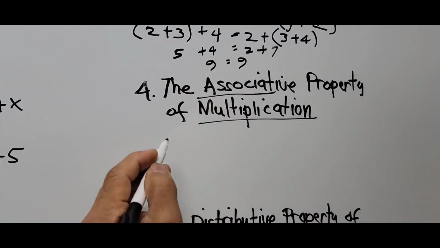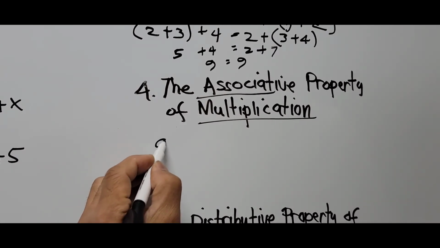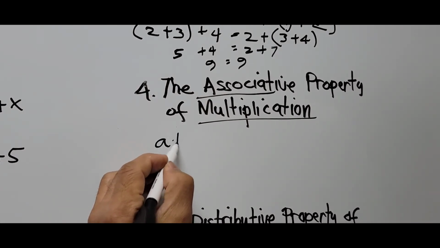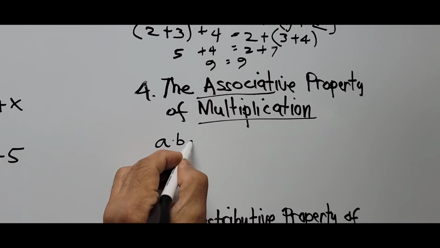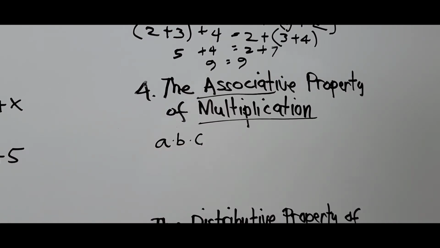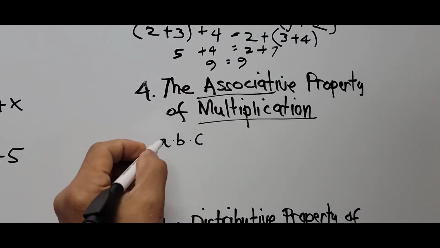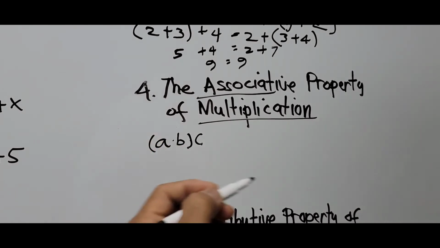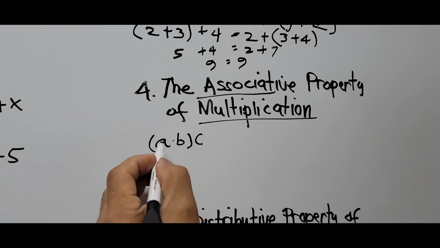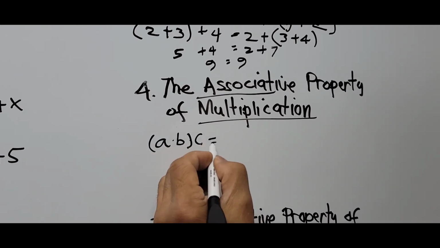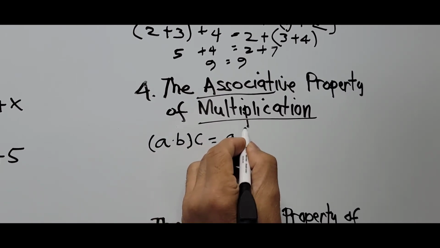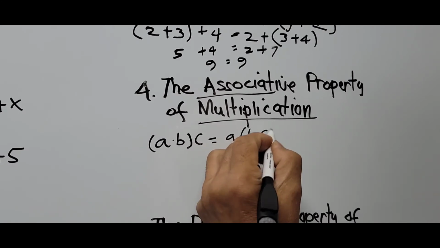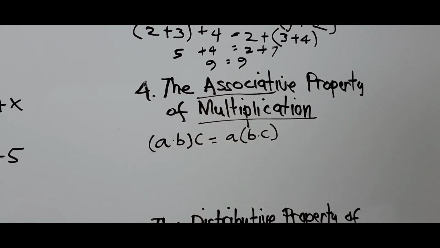Okay, so if we have variables a times b times c, the grouping right here, if we close it in parentheses, a times b times c is the same as a times b times c. It's the same thing.